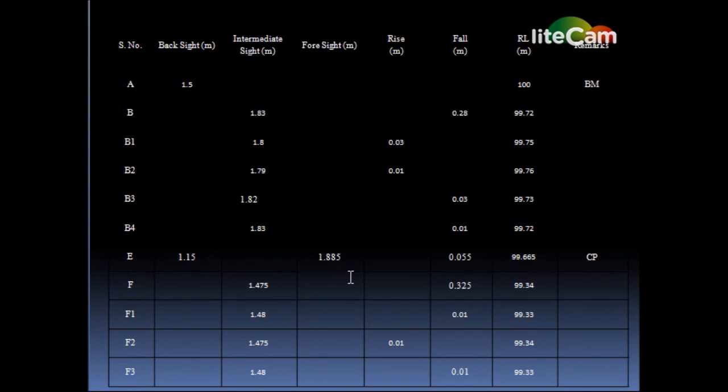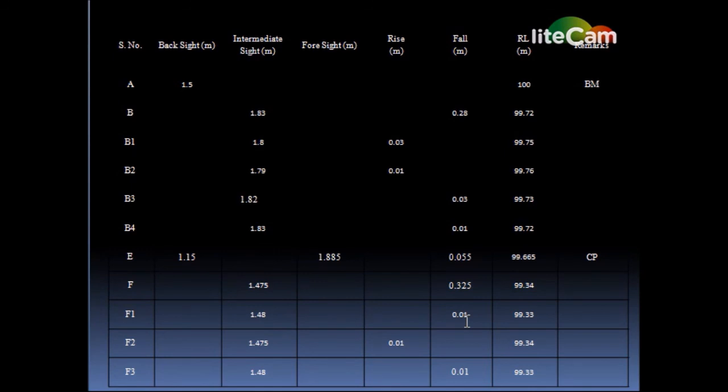What we have done here is this IS minus this forward side will give you the rise or the fall, and then the next rise or fall can be determined by this back side minus the intermediate side of the subsequent points. This is a very good example to show you the difference between rise and fall. Here the value was 1.475, it has jumped to 1.480, meaning there was a fall.